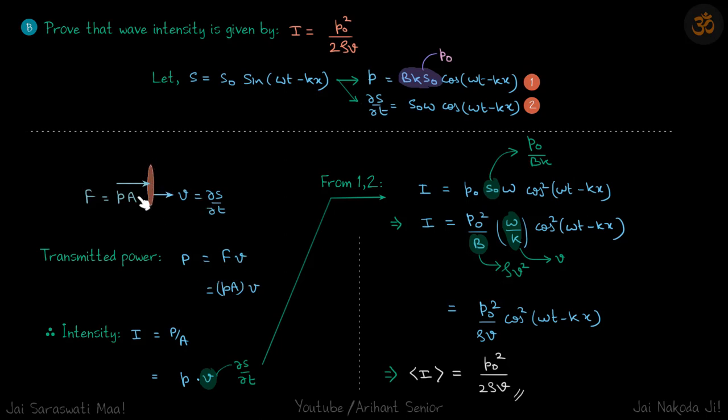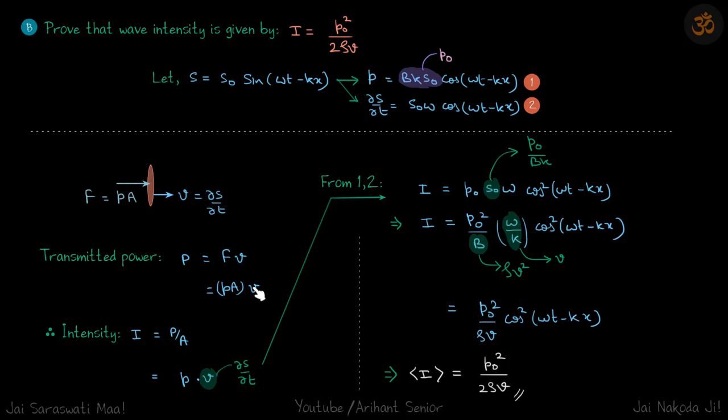So if we take this area as A, then the power in this case is F dot V. And F will be excess pressure into area. V is ∂S by ∂t. So transmitted power, if we write as Fv, that comes to be P A into V. So we need the term of P and we need the term of V.